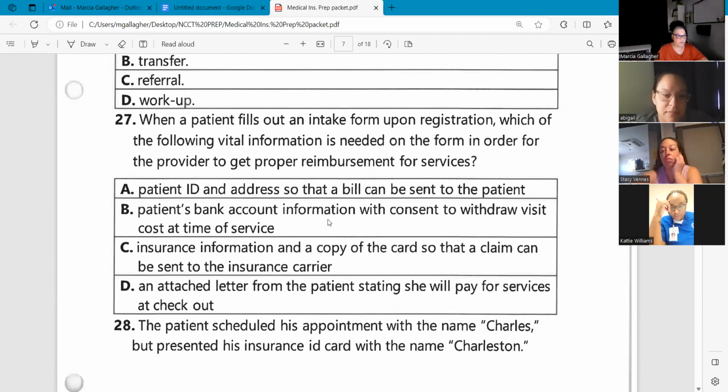Patient's bank account information with consent to withdraw visit costs at time of service. Sorry, I have to laugh at that one. Insurance information and a copy of the card so that the claim can be sent to the insurance carrier. An attached letter from the patient stating she will pay for the services at checkout. C. Luckily, that's the only one that really made a lot of sense in this scenario, right?